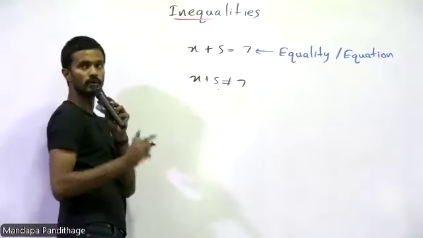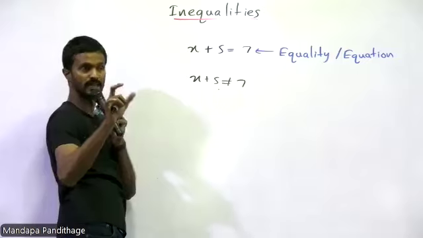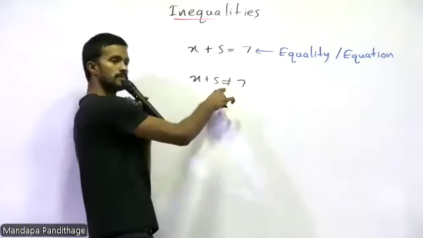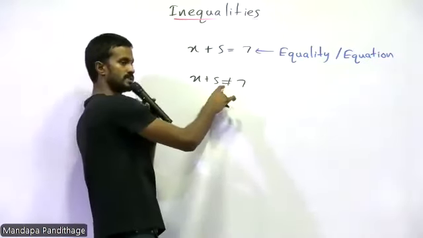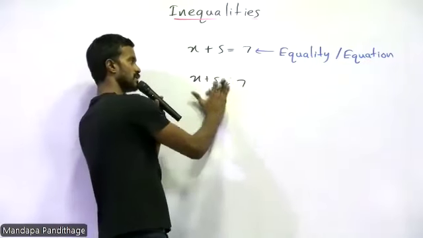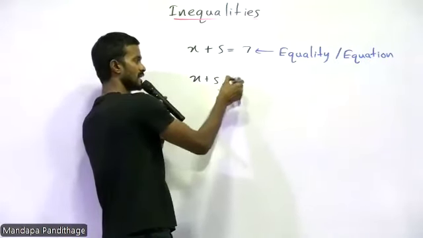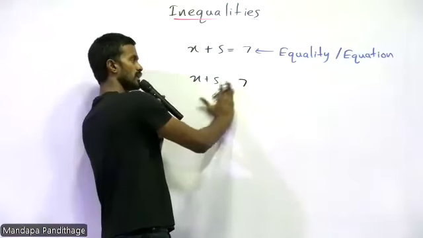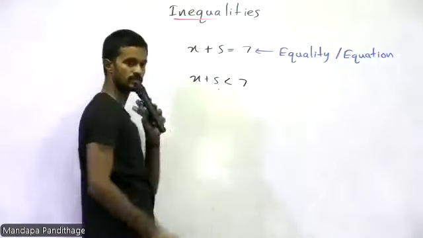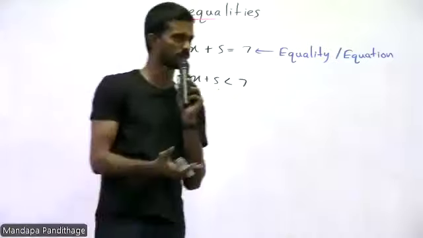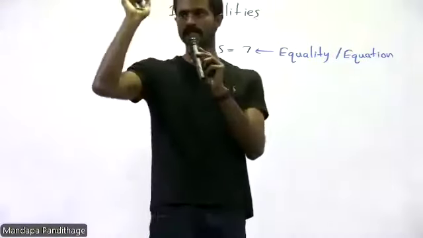But I know when I give you this word inequality, this is not the symbol that comes to your mind. The symbol that comes to your mind is either greater than 7 or less than 7. When I'm talking about inequalities, you are thinking of greater than, less than.